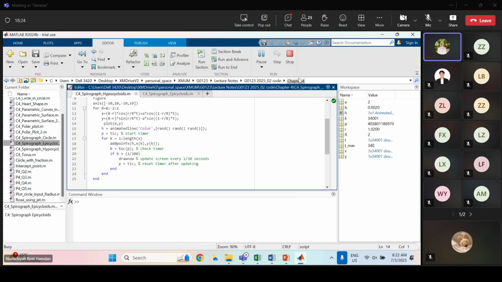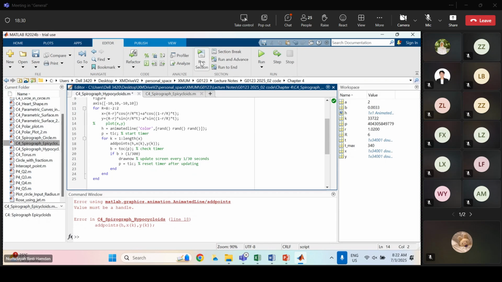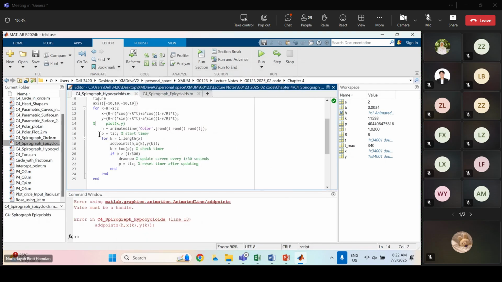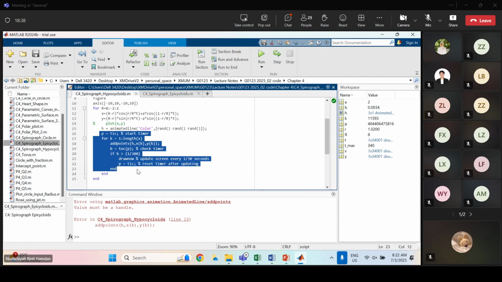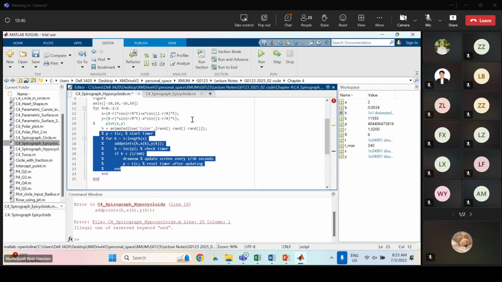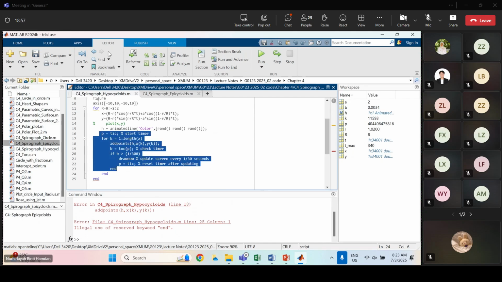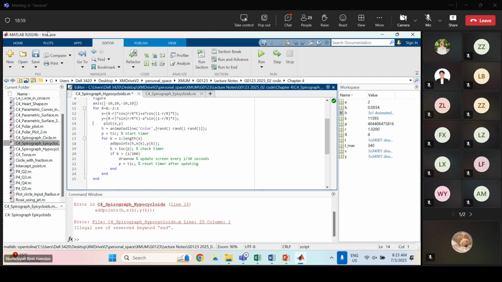Another hypocycloid. So this is the hypocycloid.